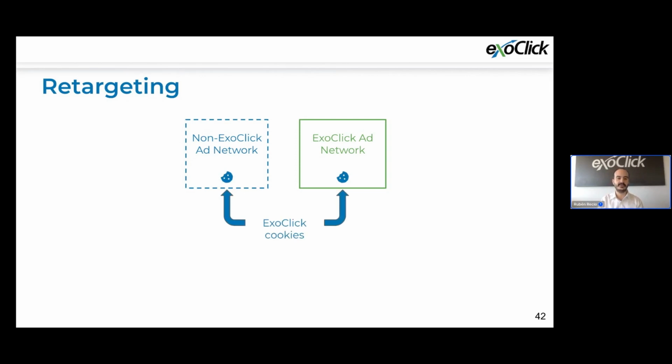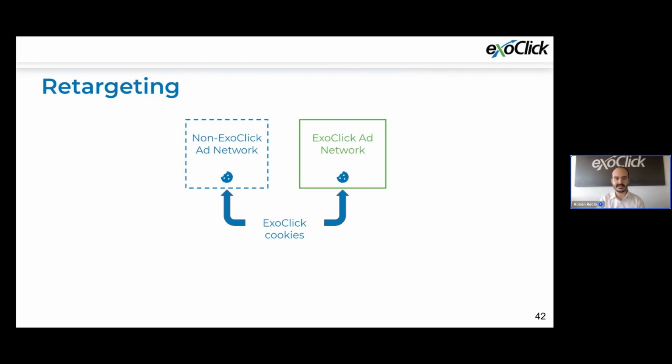This means that it will generate the goals cookie that is needed to do the conversion tracking. But that user might not be coming from ExoClick. So how does this work? Well, it doesn't really matter. As long as the user has the goals cookie, then retargeting can work.